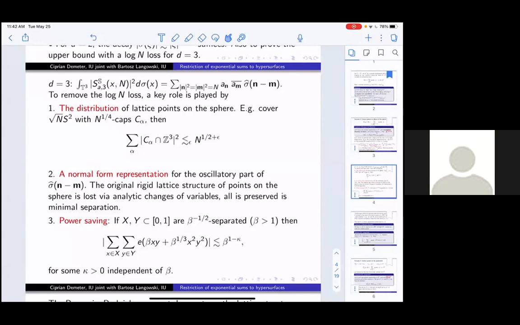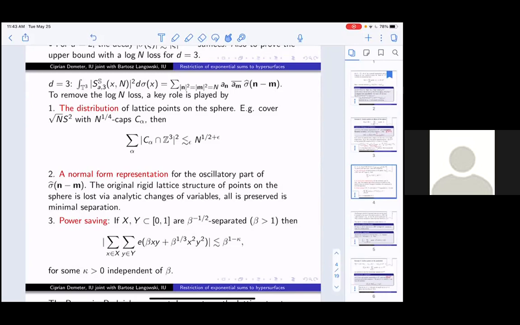The first thing that they use is things about the distribution of lattice points on dilates of the sphere. Now, the sphere is a weird creature when it comes to lattice points. It doesn't quite contain the so-called, quote-unquote, correct number of lattice points. The points are spread in an uneven fashion.